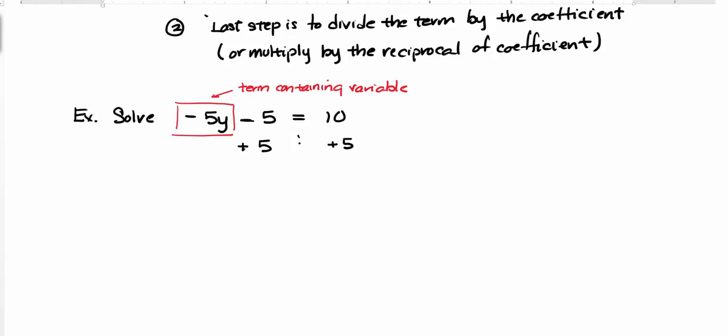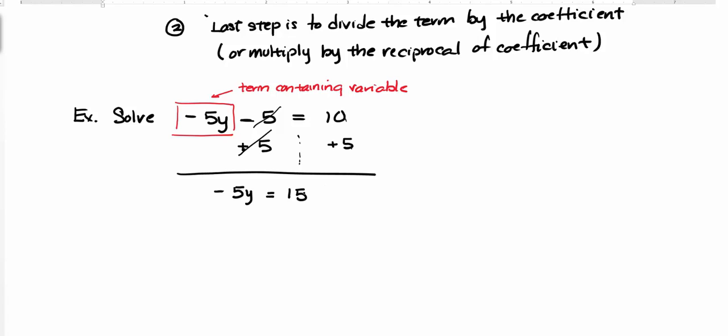Again, what we do to one side of the equal sign, we have to do to the other. So now minus 5 plus 5 cancels, and I have negative 5y equals 15, because 10 plus 5 is 15. Now this looks just like one of the equations from the last section.